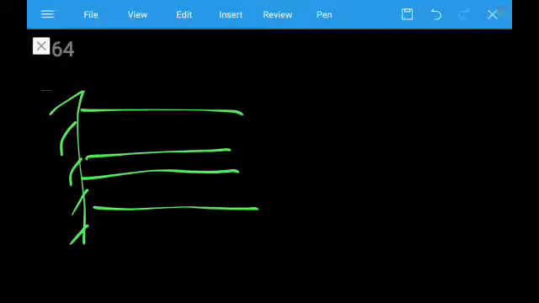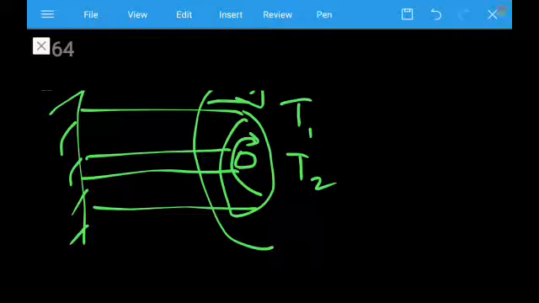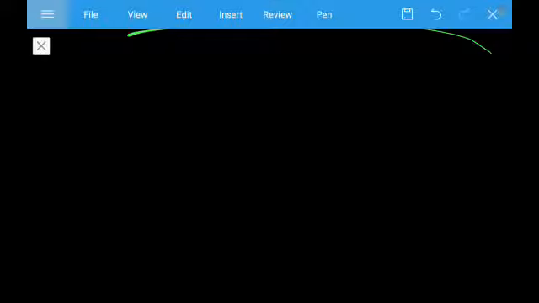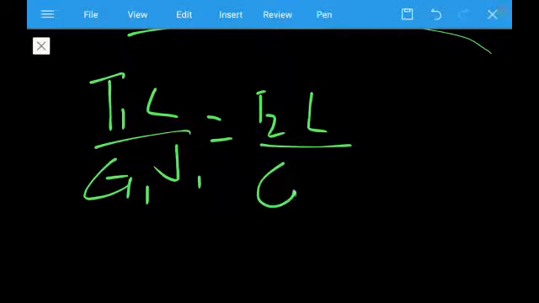If two shafts are situated parallelly and this is your torque T and the internal torque is T2, then theta 1 equals theta 2, since this is a parallel connection. T1 L upon G1 J1 is T2 L upon G2 J2.